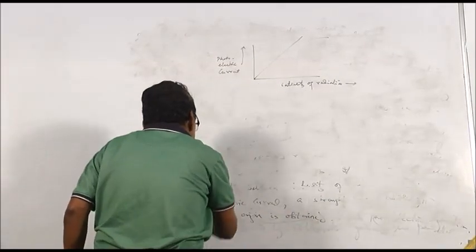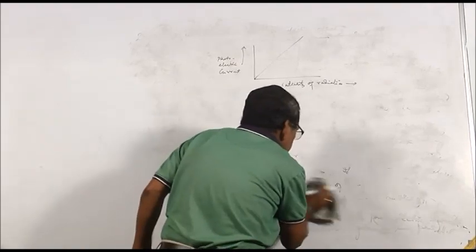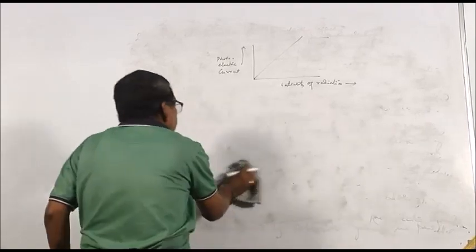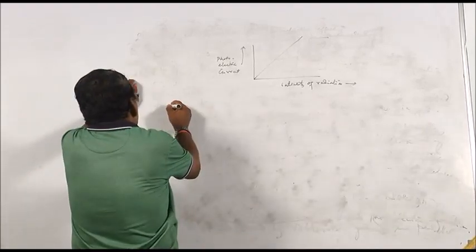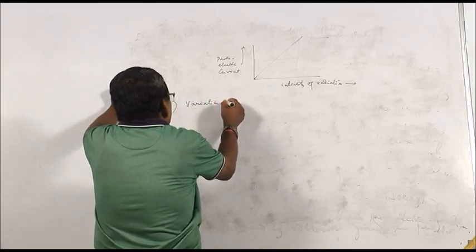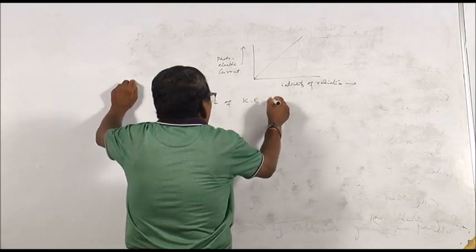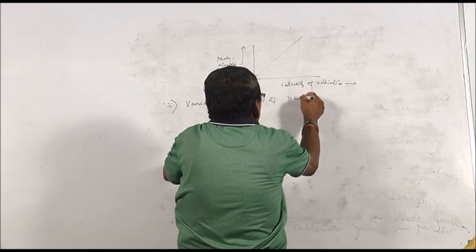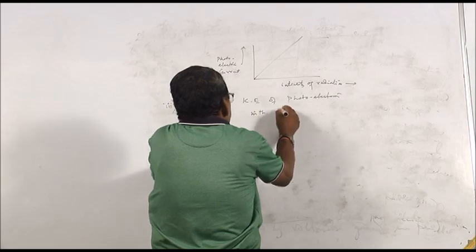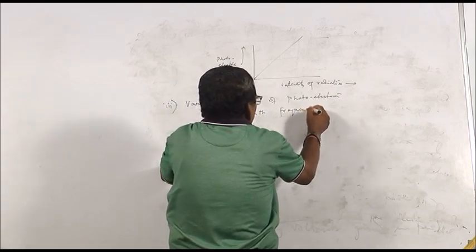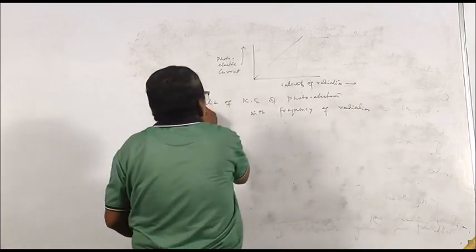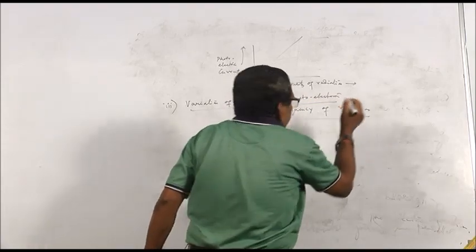Then third one, the next characteristic: variation of kinetic energy of photoelectron with frequency of radiation.